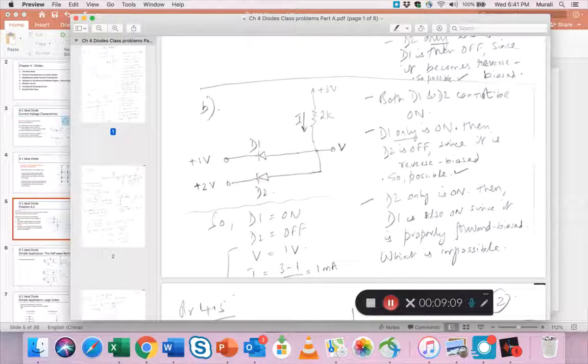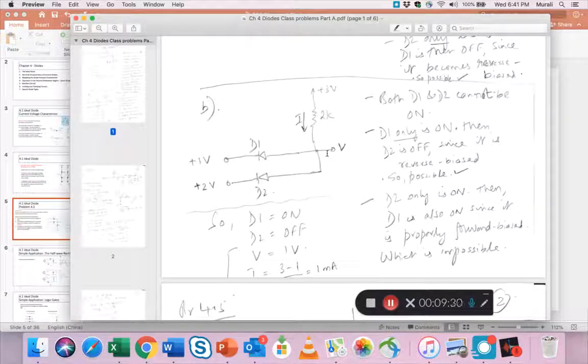Try the other condition. Can D2 only be on with D1 being off? Let's try that. If D2 only is on, then the 2 volts comes here. The 2 volts makes D1 forward biased, so this 1 volt and this 1 volt should be the same.